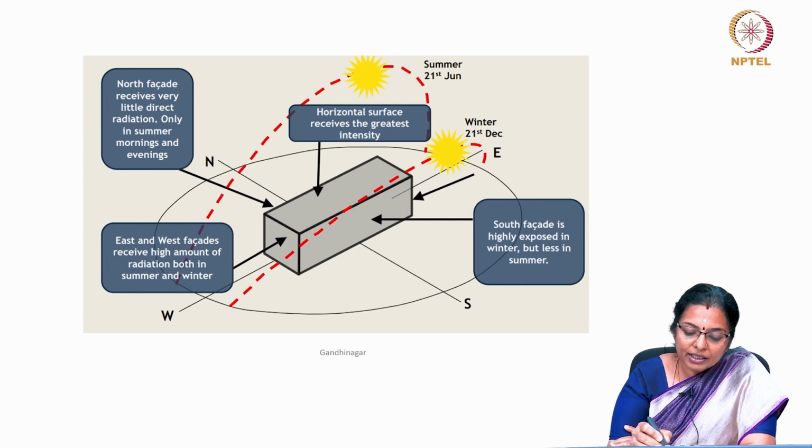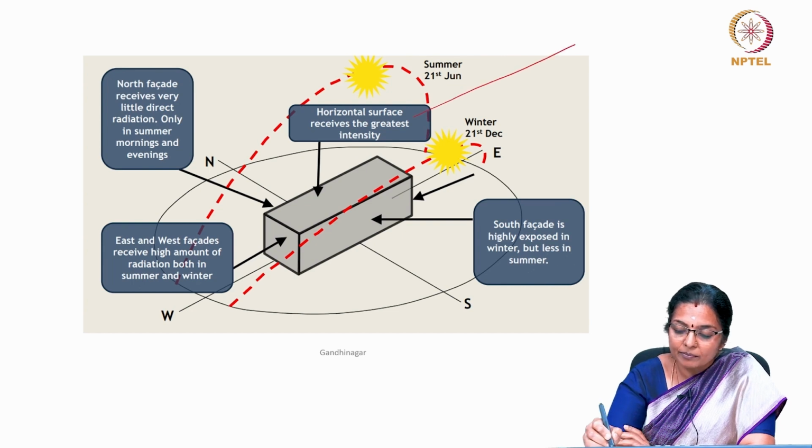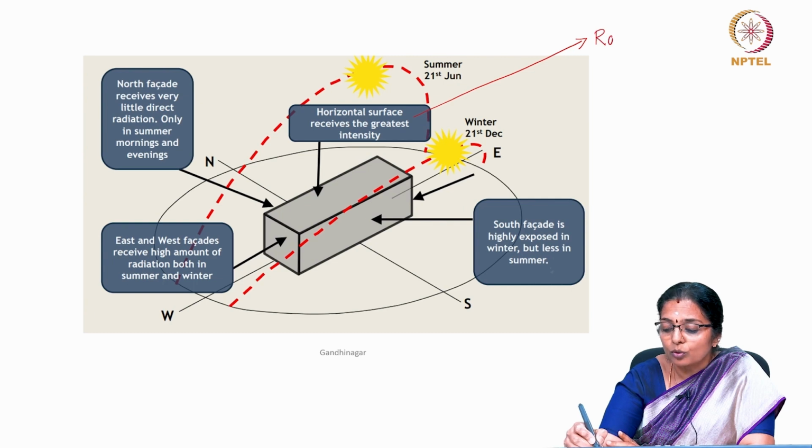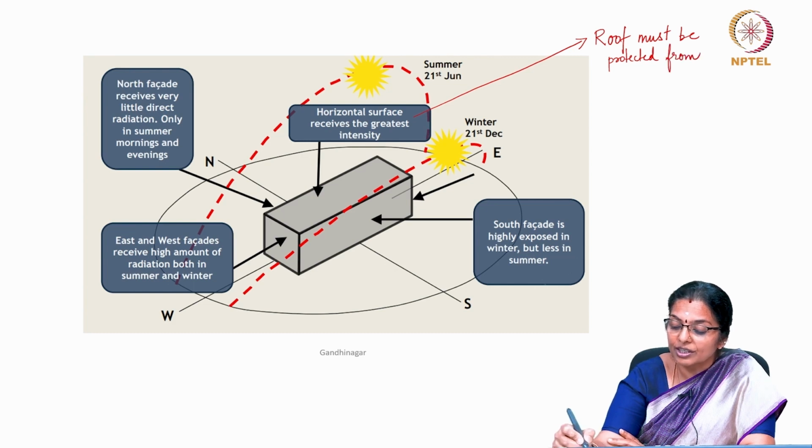You can see that the horizontal surface receives greatest intensity of solar radiation. Hence, in this kind of climate, the roof must be protected from direct solar radiation.